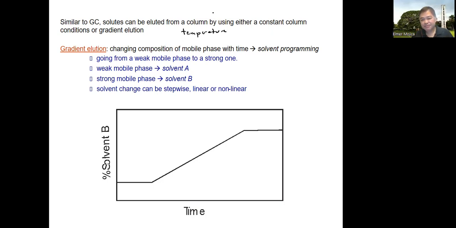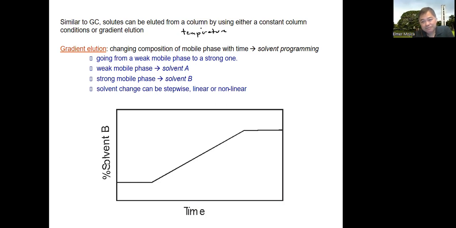In LC, you change the composition of the mobile phase, but as I have told you, the composition of your stationary phase is uniform, both in LC and in GC. Now, the gas that is your carrier in GC will not interact. So the only thing that you're going to change there is the temperature.